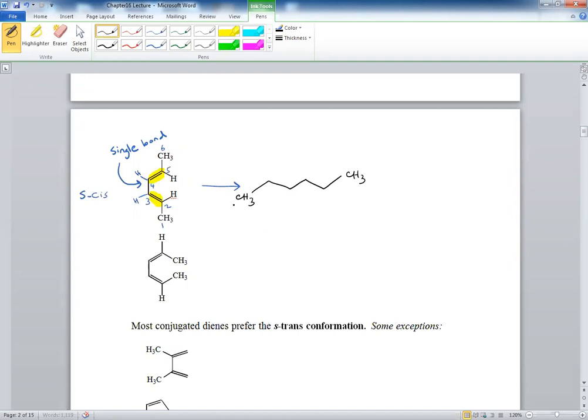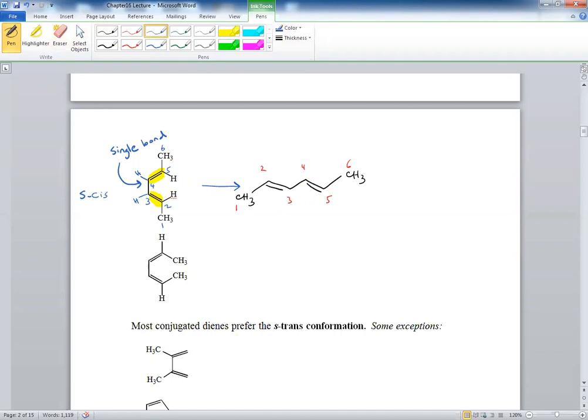So if I just put the double bonds, that would be 1, 2, 1 and 6, I mean. 3, 4, and 5. You would notice that this is an S-trans.